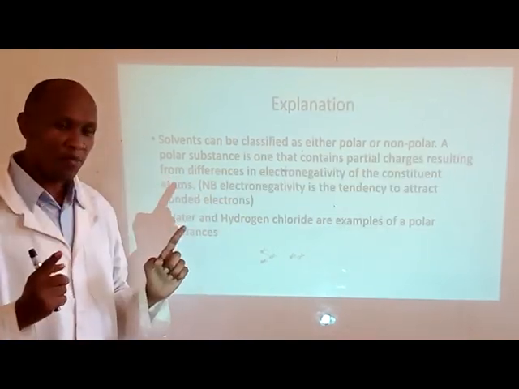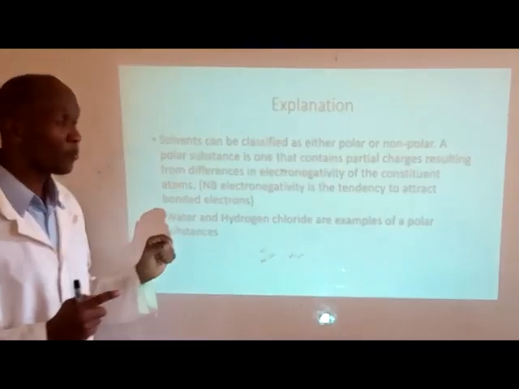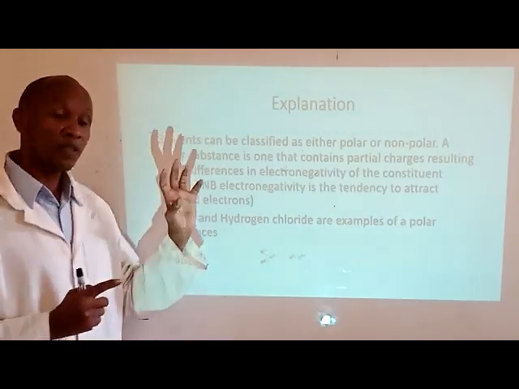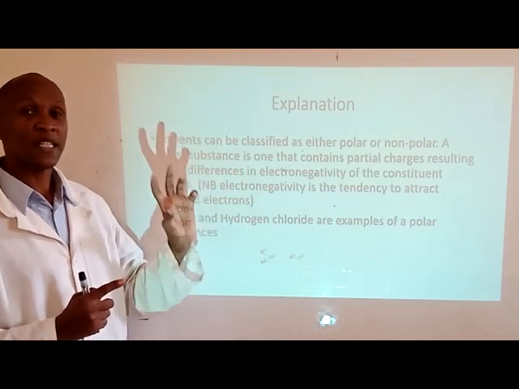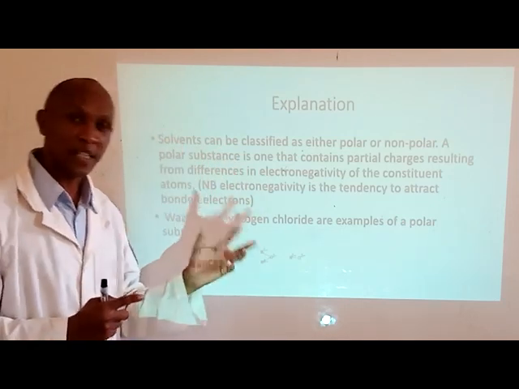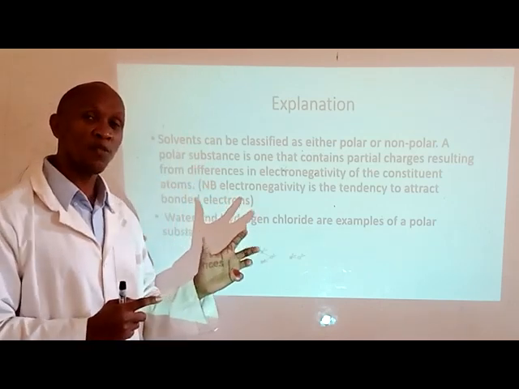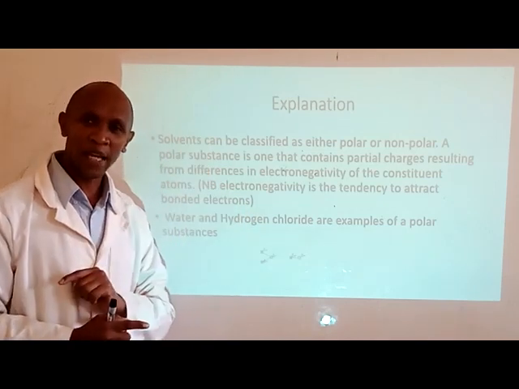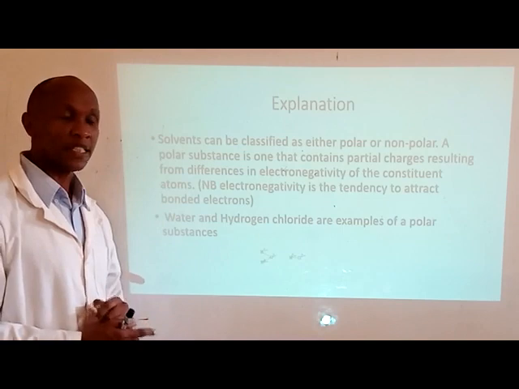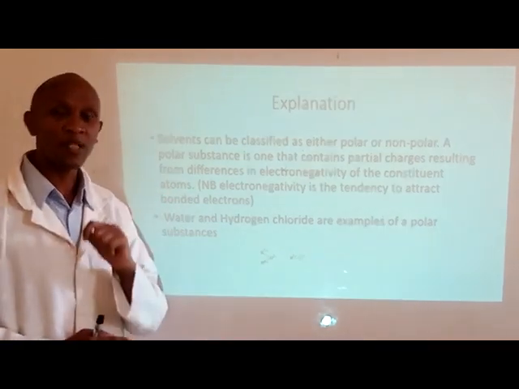So it only means that the solution of the ethanoic acid, the maleic acid, the oxalic acid, the hydrogen chloride in an organic solvent does not contain mobile ions. That is why it's not conducting. The solution in water contains mobile ions.